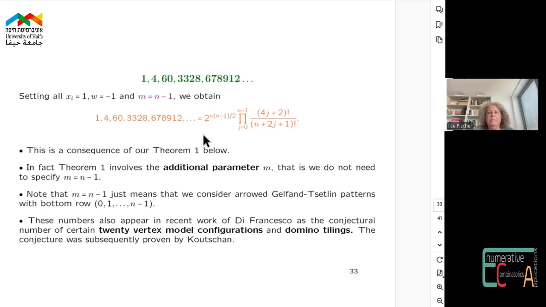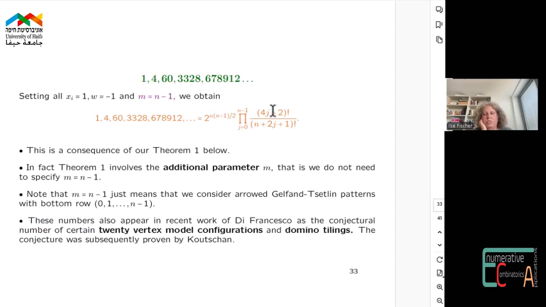Actually, our theorem involves the additional parameter m, so you don't need to specify. But what is interesting is that rather recently, this sequence also appeared in work of Di Francesco as the number of configurations of a certain statistical physics model, the so-called 20 vertex model. And he showed in that paper that they are counted by the same formula as domino tilings.